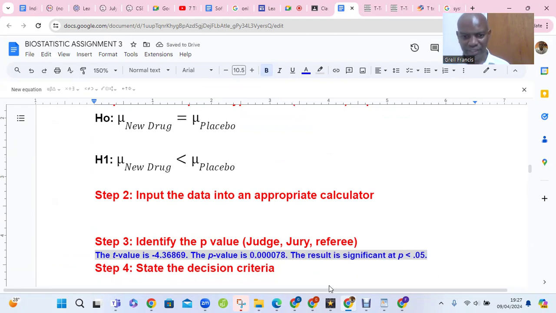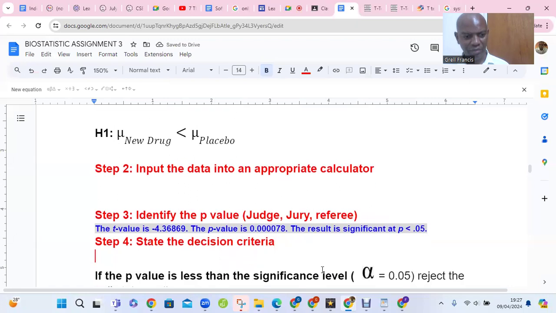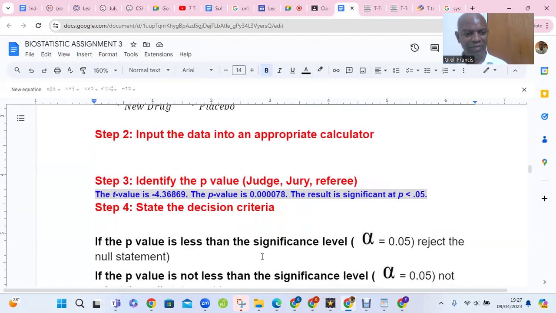Now we have to state the decision criteria. Here it is. If the p-value is less than the significance level, alpha, you reject the null. If the p-value is not less than the significance level, you do not reject the null. Our p-value is 0.00078.